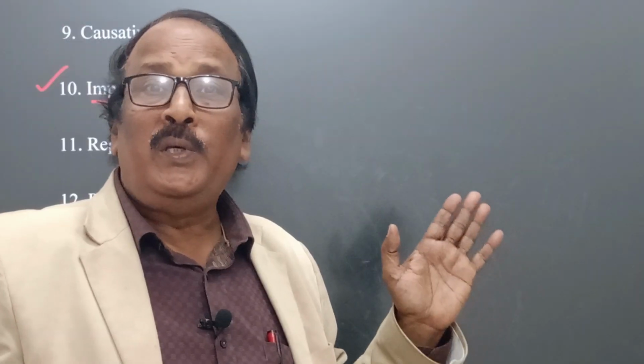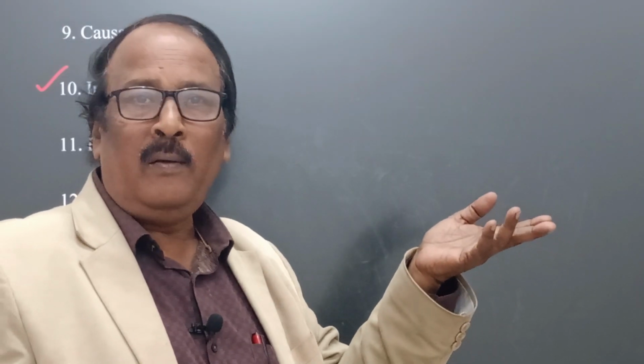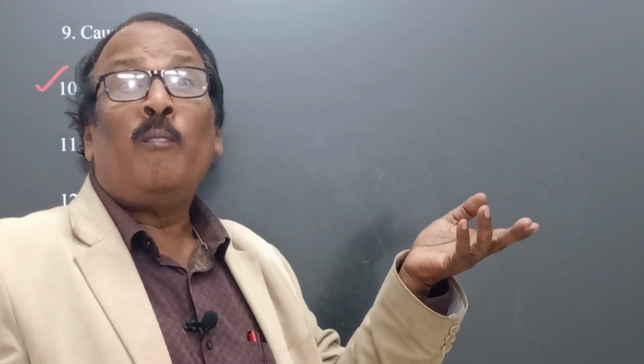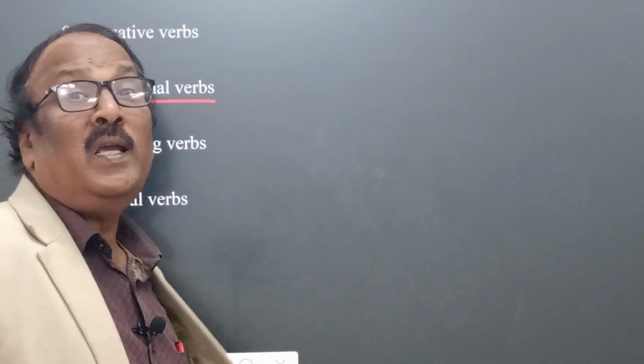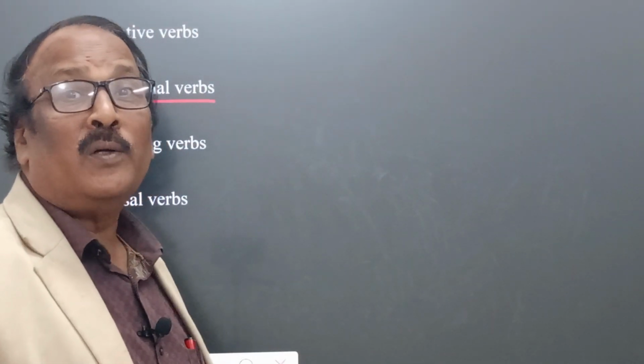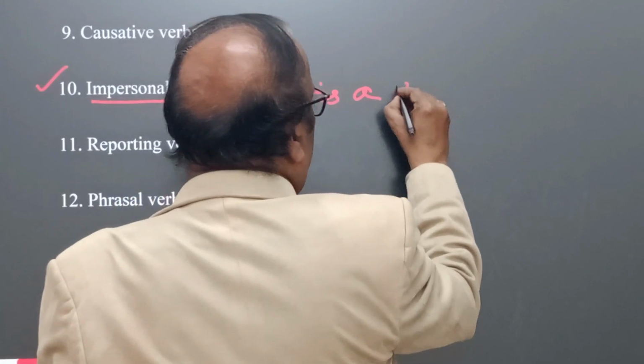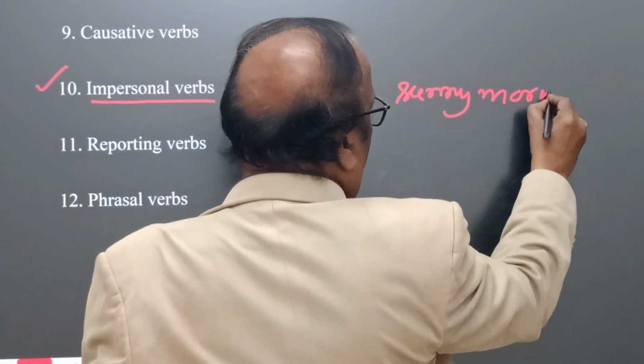Impersonal verbs. These verbs don't take any noun or personal pronoun. They take impersonal pronoun, expressing any time or weather, any general condition. Therefore, they are called impersonal verbs. It is a sunny morning.